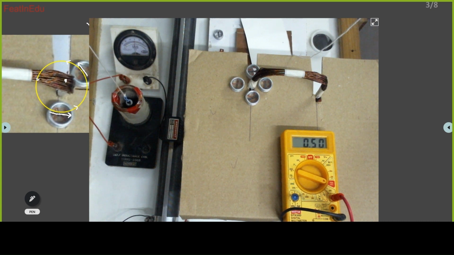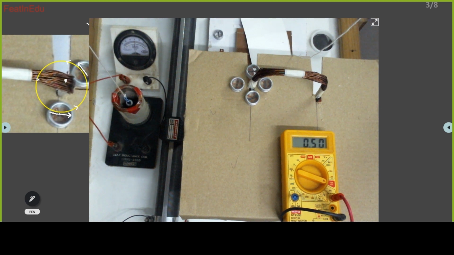Now, can you see any magnetic line of force here? But if you imagine that there is a magnetic line of force passing through this, then yes, it is there.